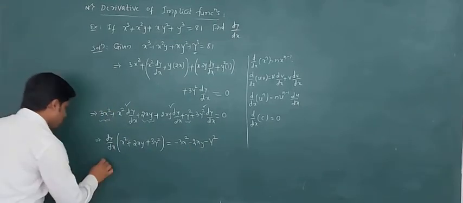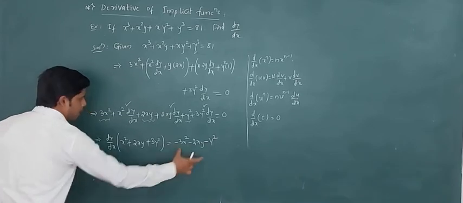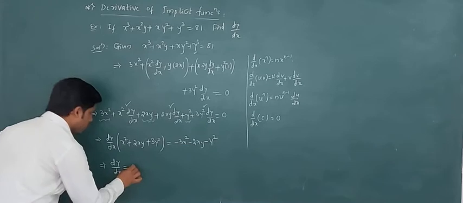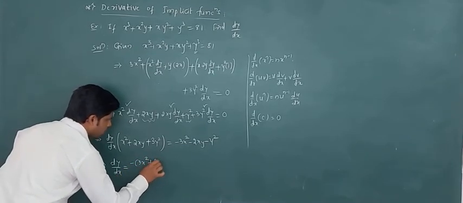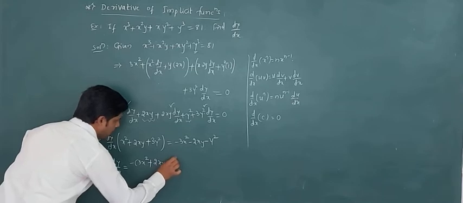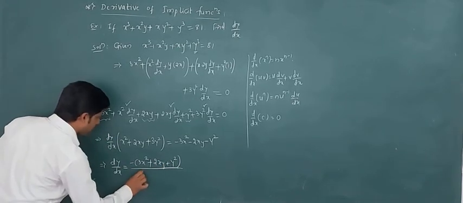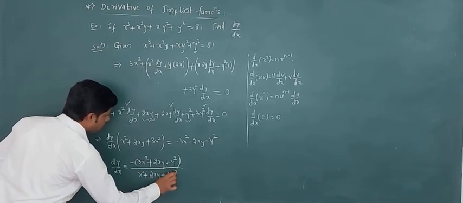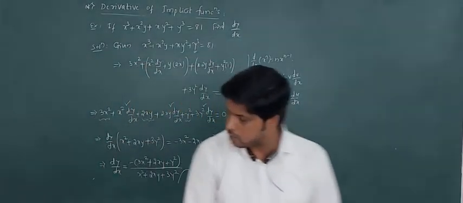Okay. So this implies dy by dx is equal to, here in the RHS part I will take the minus sign outside. So we get minus of 3x square plus 2xy plus y square whole divided by x square plus 2xy plus 3y square, which is our required solution. Note it down.